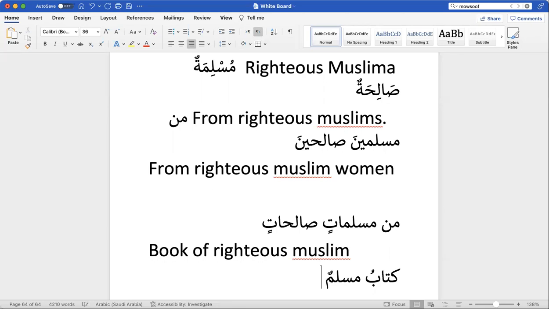Somewhere I have gone wrong. Can you tell me where I went wrong? Anybody who can correct this? Bilal bhai, it should be Kitabun, I guess.